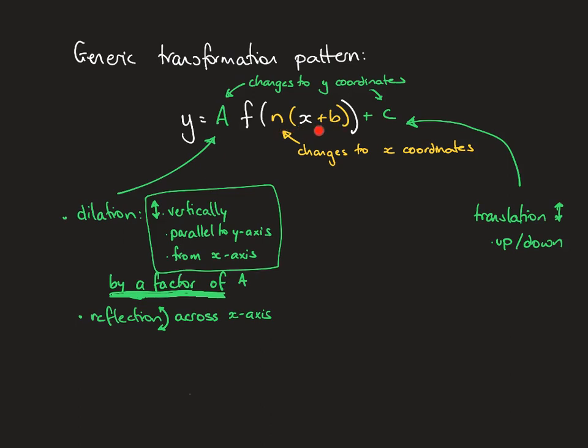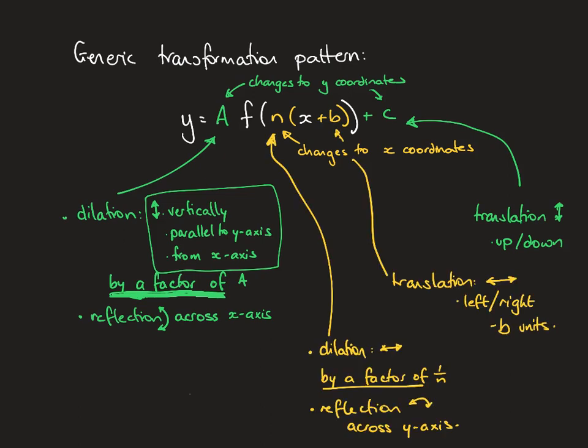The changes for x values are a little bit more complicated. The n value, the same as the a, does dilation and reflection. This time the dilation is a horizontal dilation, so you can use equivalent words to here. The y changes were vertical, so the x changes will be horizontal.